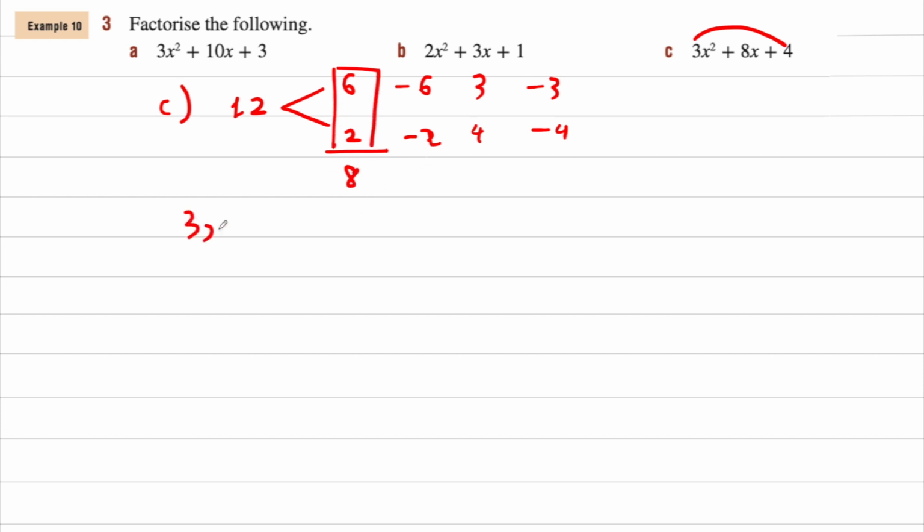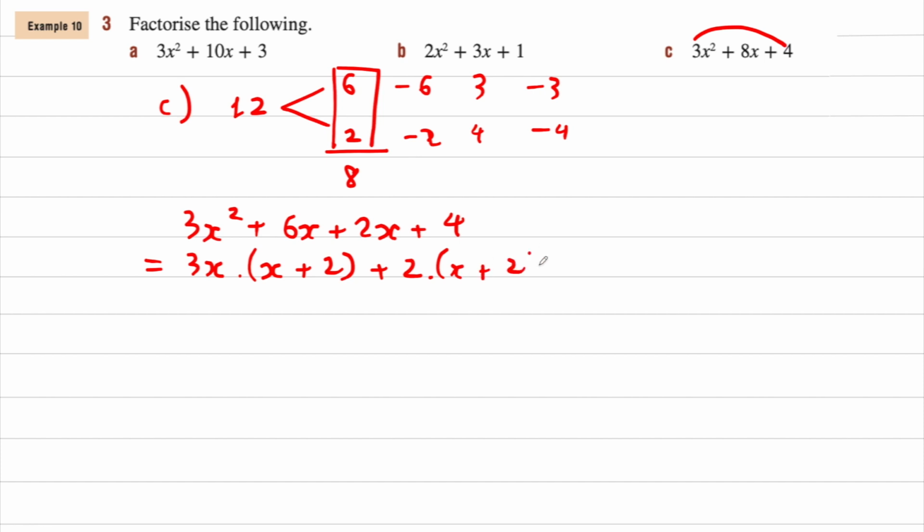That's why 3x squared plus 6x plus 2x plus 4. So take 3x outside, x plus 2. Take 2 outside as the common factor, x plus 2 here. So x plus 2 will be the new common factor, and the second bracket is 3x plus 2. Yeah, we finish question C.